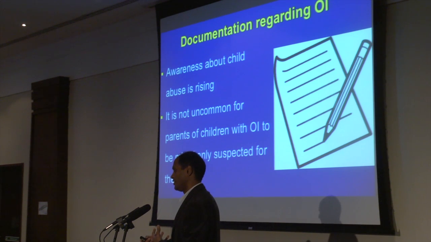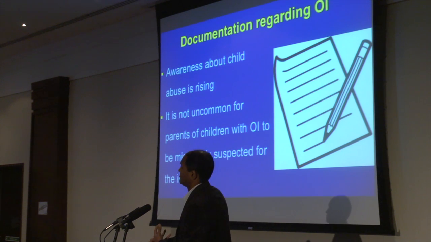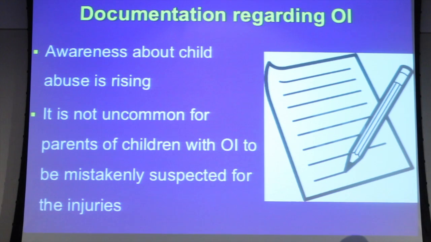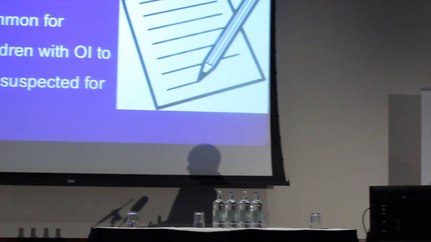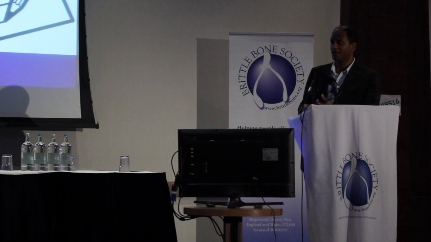In most children with brittle bone disease, the history does not correlate with the type of fracture they develop, and therefore it is good to have a letter stating that the child has brittle bone disease and is likely to develop fractures with trivial trauma. I tend to provide this to all my families in multiple copies so that they can keep them with them when they are going on holiday.